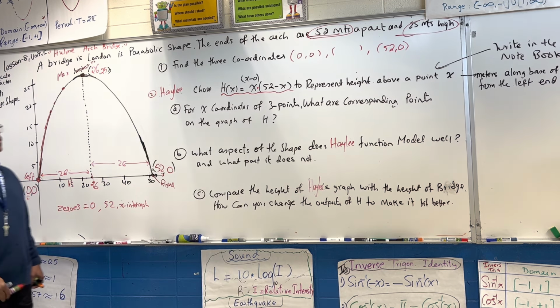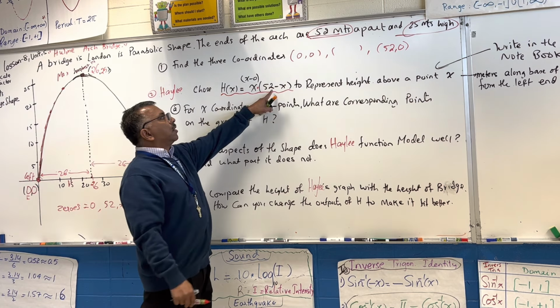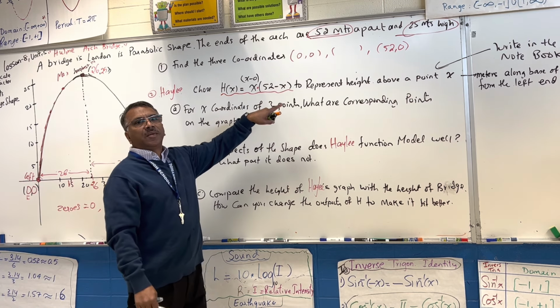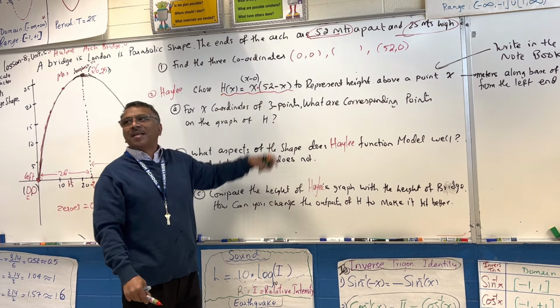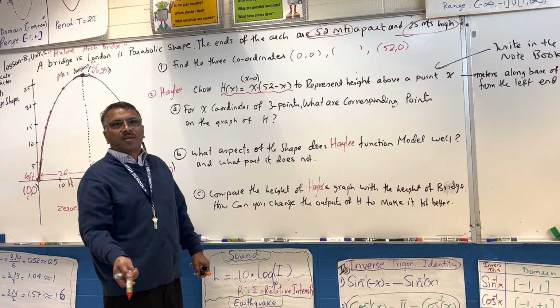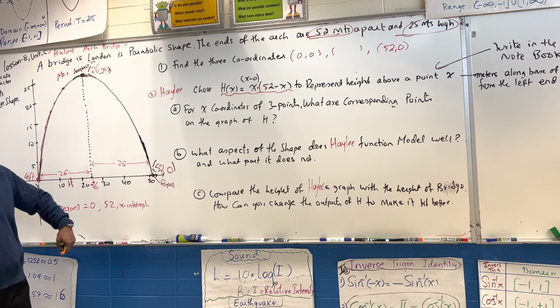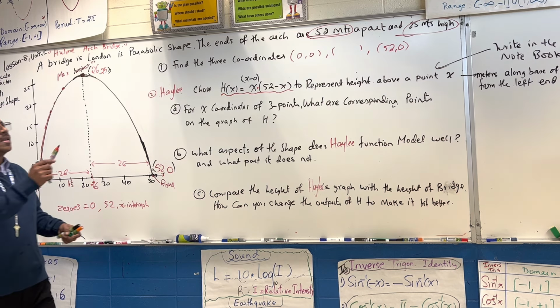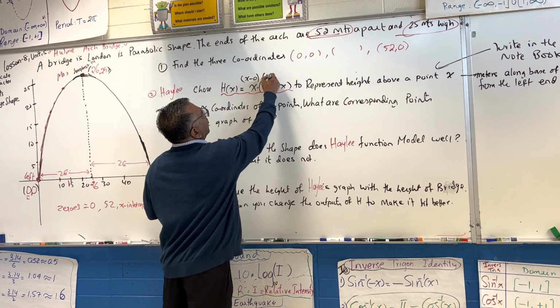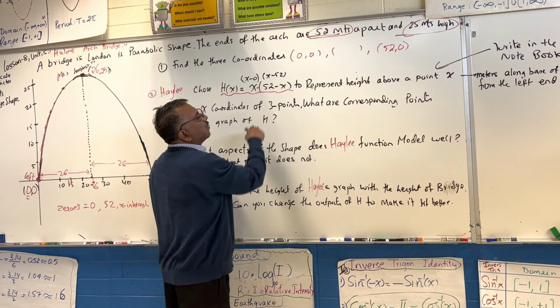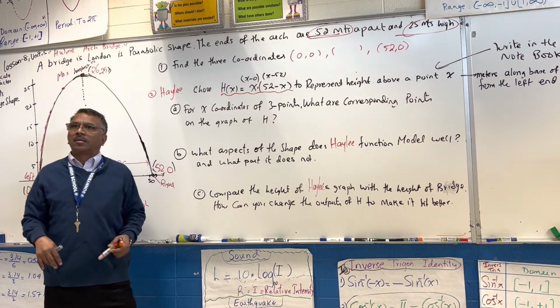And for the second one, in place of x minus 52, she writes 52 minus x, because the parabola is concave down, it opens down.